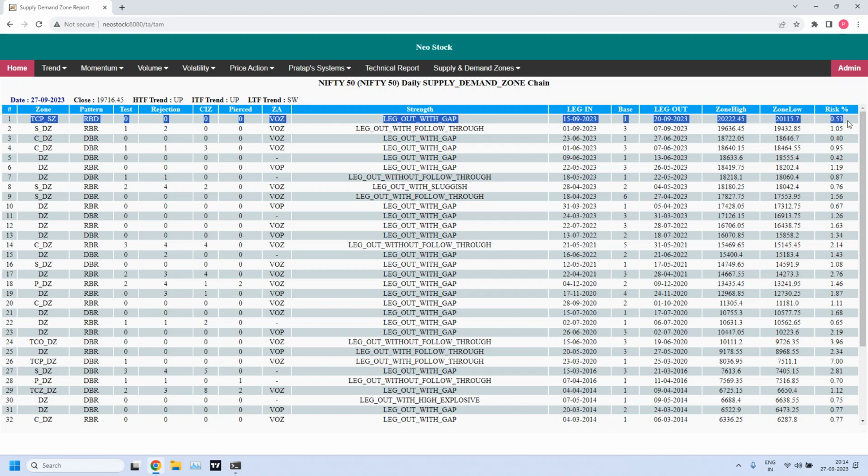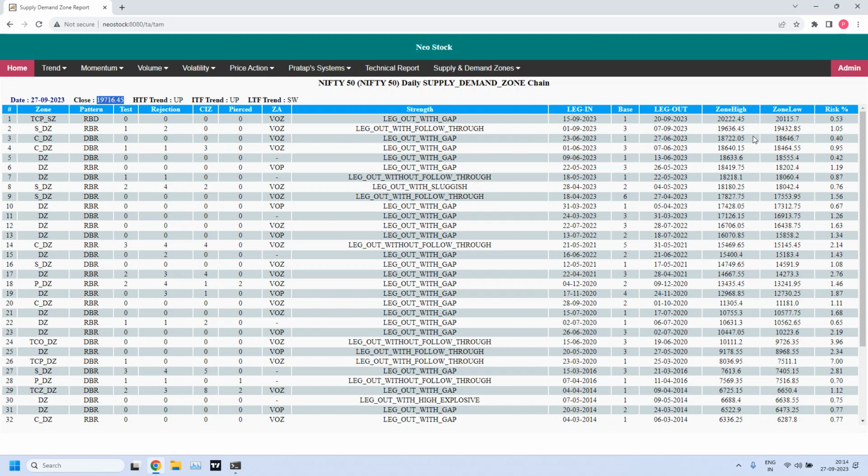So how many supply zones so far is it having? Only one supply zone, because till the weekly time frame, so far it has only all-time high demand zones. Now on daily time frame, a new supply zone is created which pushed the price down, from 20,000 to 22 zone high. Now price has come down to 19,716. So how many points is it down?